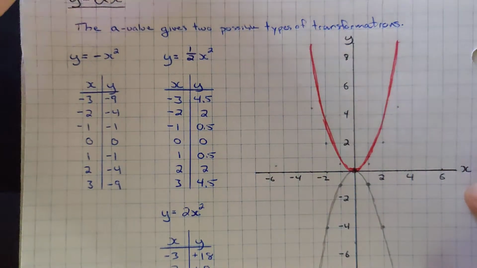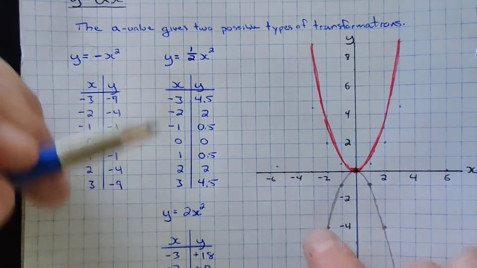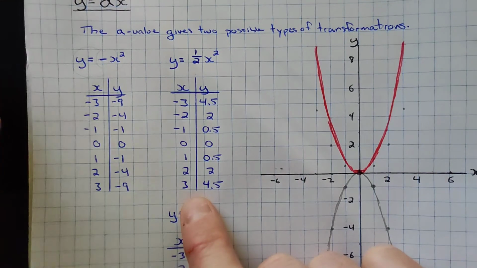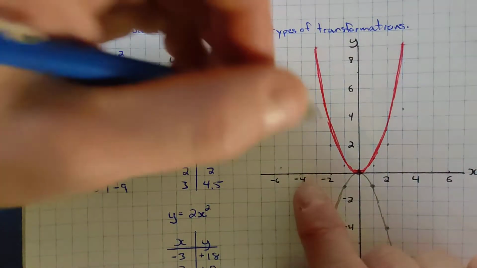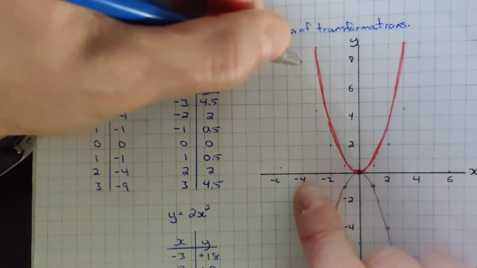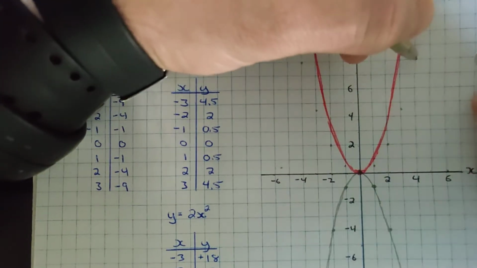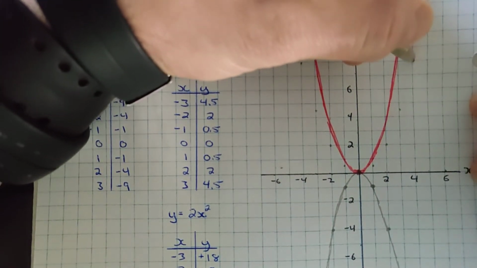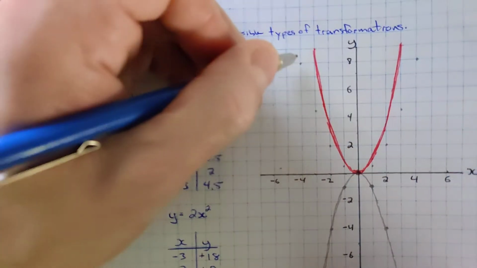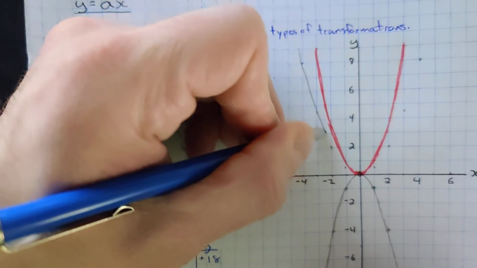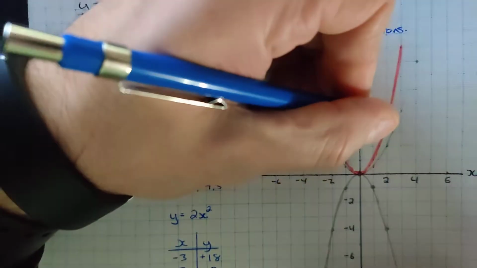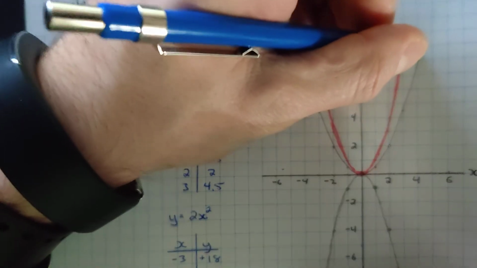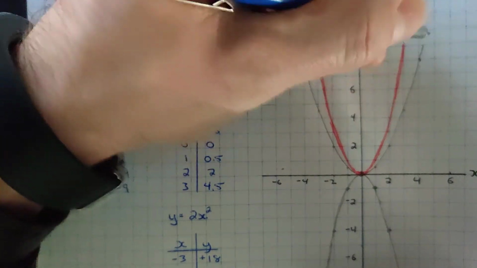And then 4, if I don't have it here, but 4 would be 4 squared, which is 16, and half of 16 is going to be 8. So I can put that on just because we can easily do that calculation. So if I connect those dots, I get a graph looking something like this.